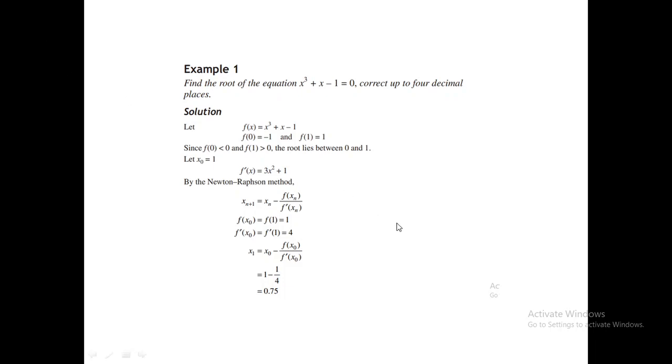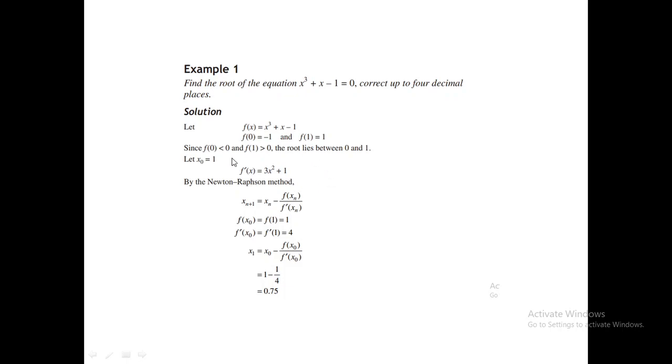Then we'll consider let x0 be any one value of those two. x0 is equal to 1, I will take the positive value. f dash of x: we differentiate this equation with respect to x, then you will get f dash of x is equal to 3x square plus 1.